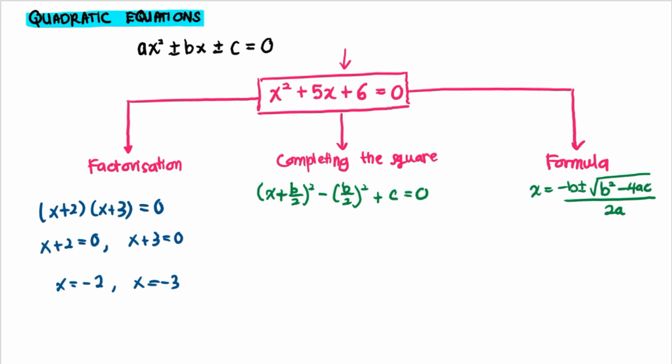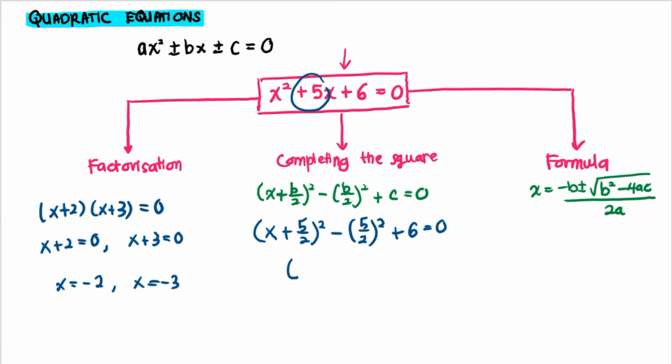But what if you have to use the completing the square method? In the completing the square method, we try to use this x. You consider this b value, so plus 5 over 2 squared, and then minus 5 over 2 squared. Then you add c, so plus 6, and this equals 0.